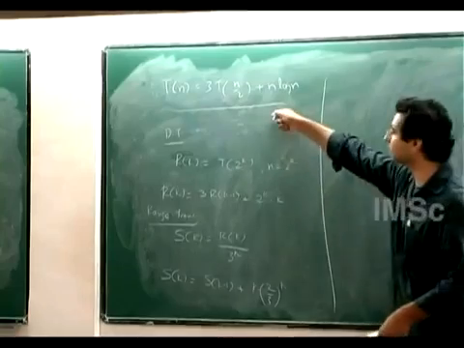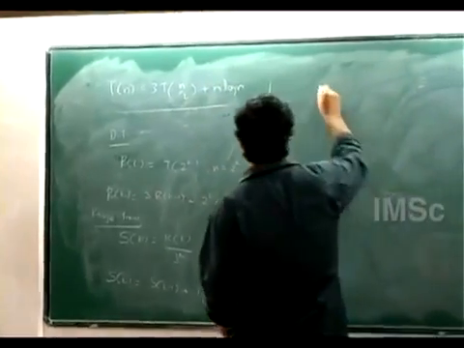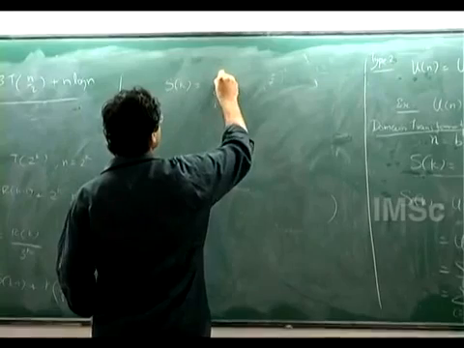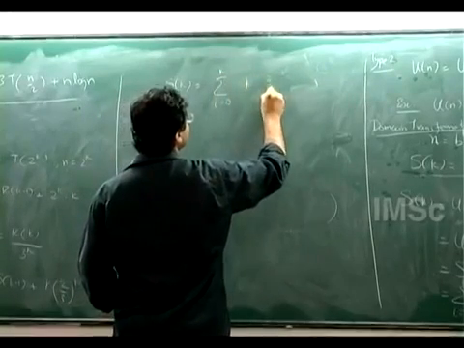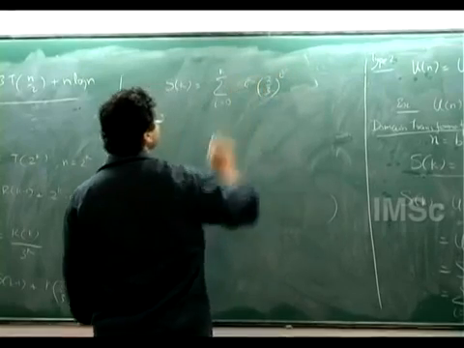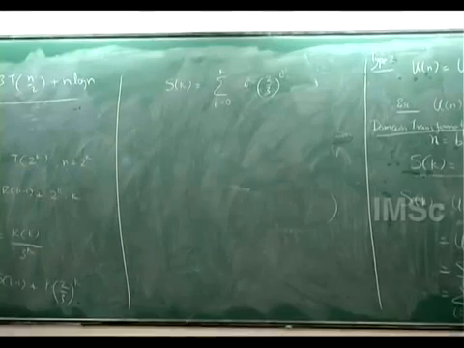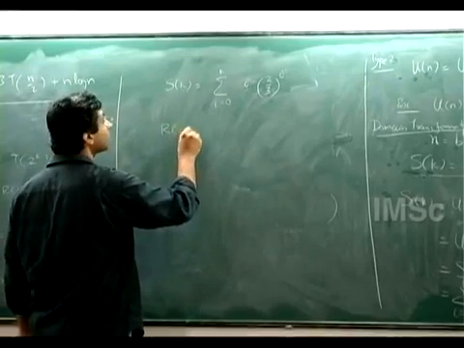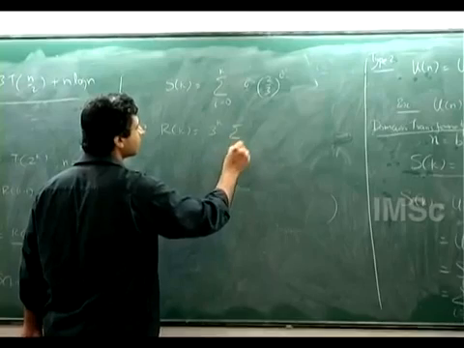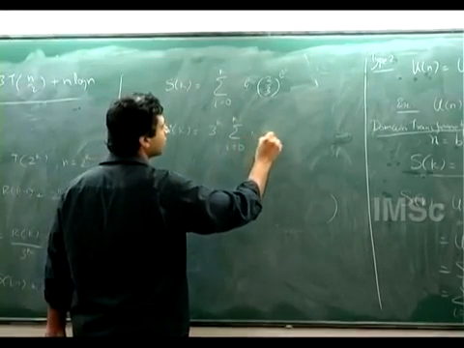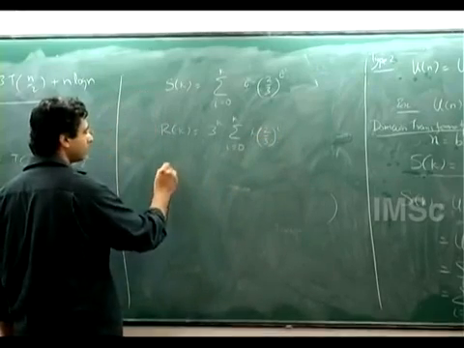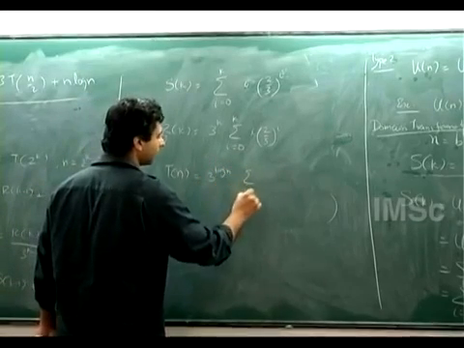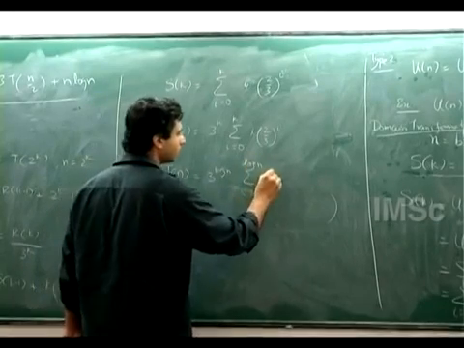So we have reduced this recurrence to a fundamental recurrence, and we know the solution is the summation from 0 to k of i times this term, and going back I get R of k is 3 raised to k times this, and T of n is 3 raised to log n times the summation i from 0 to log n of i times (2 by 3) raised to i.